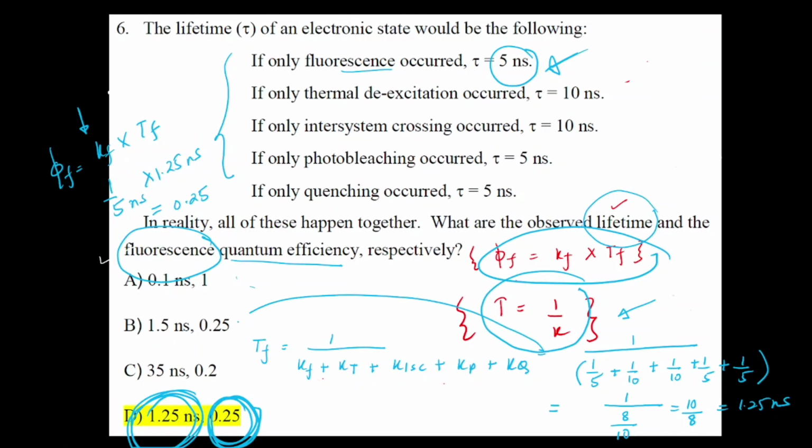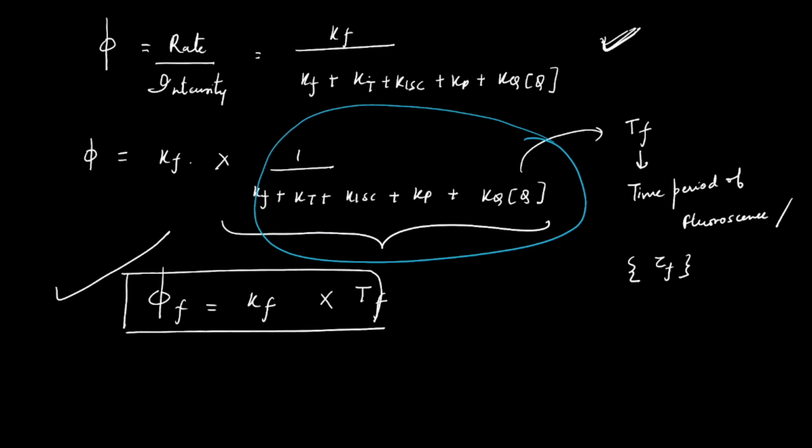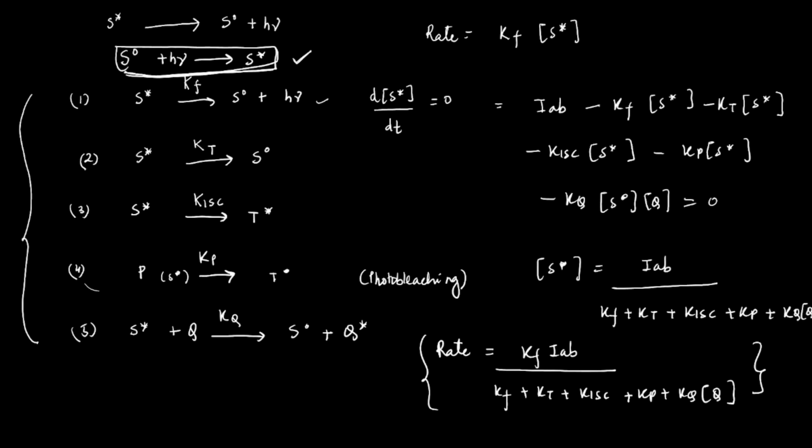Because in fluorescence all of these steps are happening together, we have to take the summation of their rate constants and then take the reciprocal of it. That's how we find out the fluorescence lifetime and then the fluorescence quantum efficiency with this formula. And we got this formula by doing these various steps. I hope this is clear.